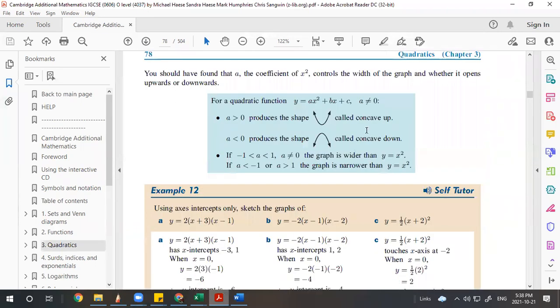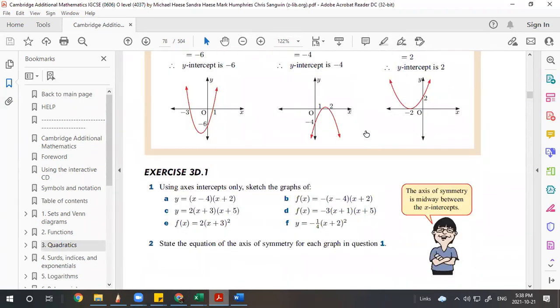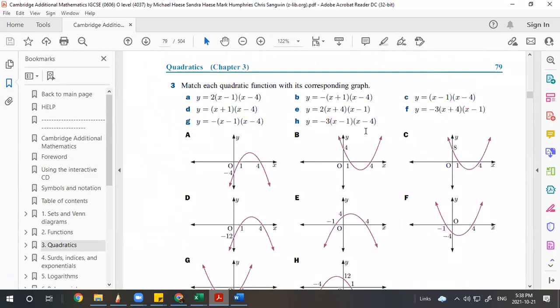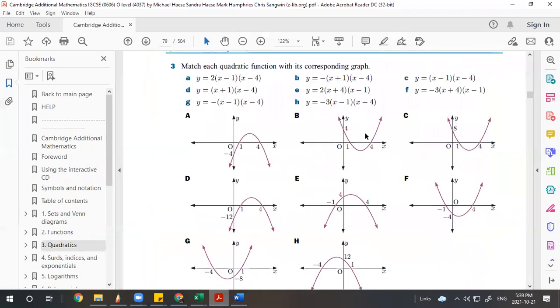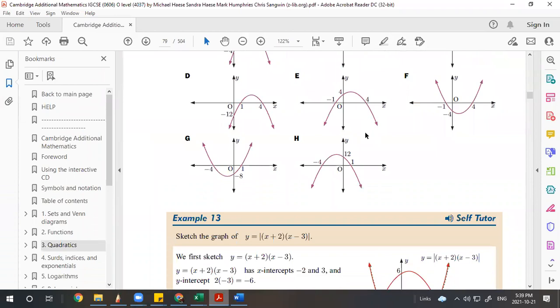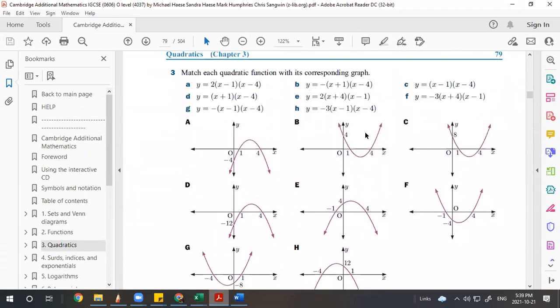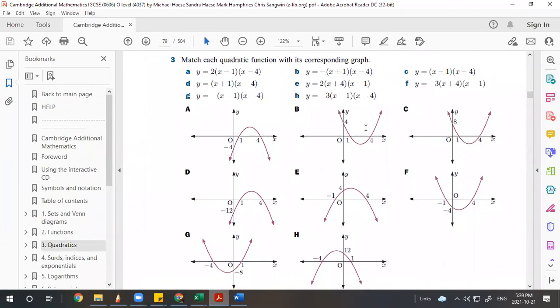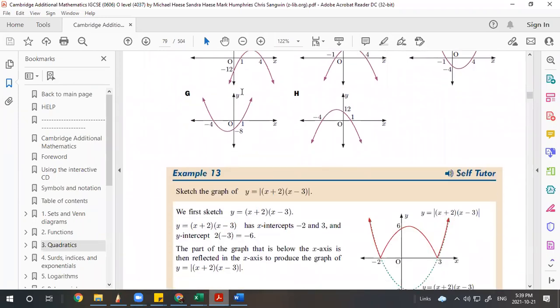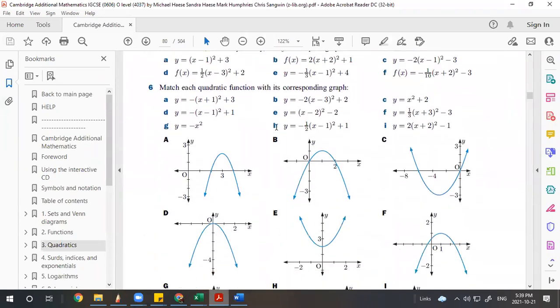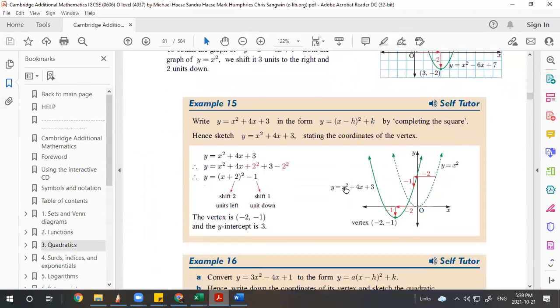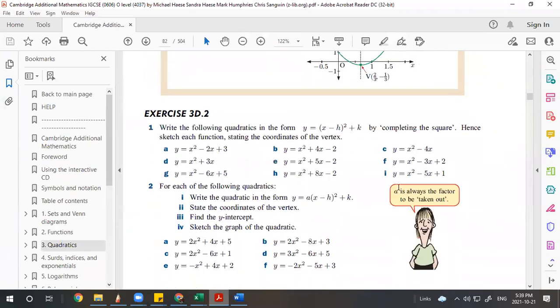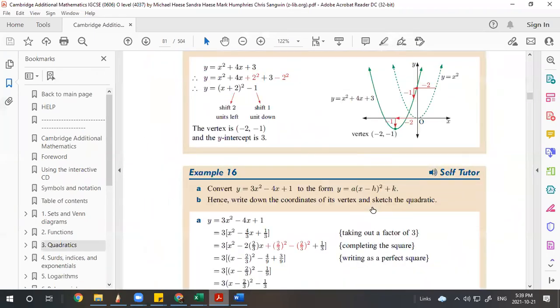Okay. Next, I think we need to do the exercise. Quite simple. Wait, I am finding. Okay. I think no need. Oh, okay.